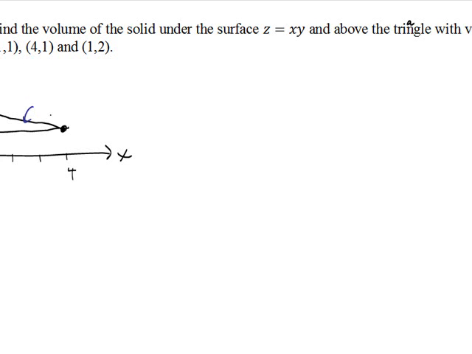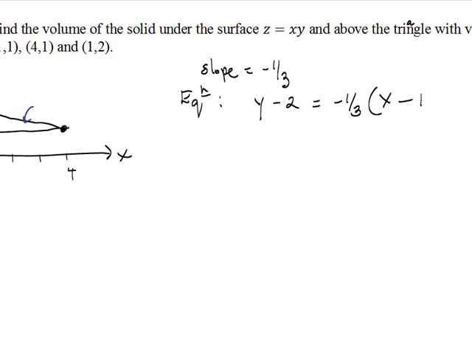So let's work it out. Let's find the slope. Well, we can see what the slope is. What's the slope? Negative 1/3, isn't it? Okay, slope is negative 1/3. And so now let's get the equation. I'll use (1, 2) as a point. So y minus 2 is negative 1/3 times (x minus 1).